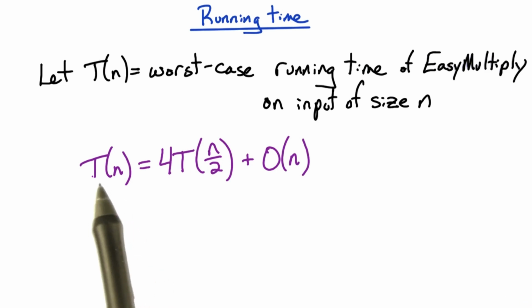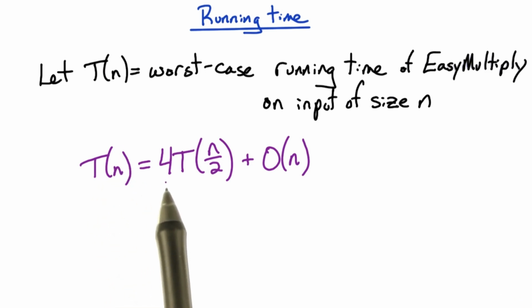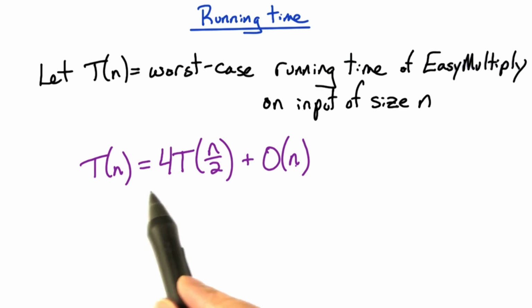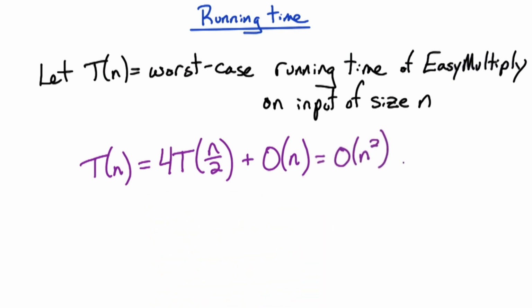So the running time for an input of size n is at most 4 times t of n over 2 plus order n. Now if you remember how to solve recurrences, or this is a good time to brush up on it, this recurrence might look familiar. And what you might recall is that this recurrence solves to order n squared. So the easy divide and conquer algorithm that we just described takes order n squared time.